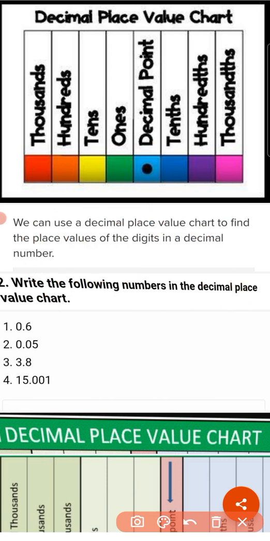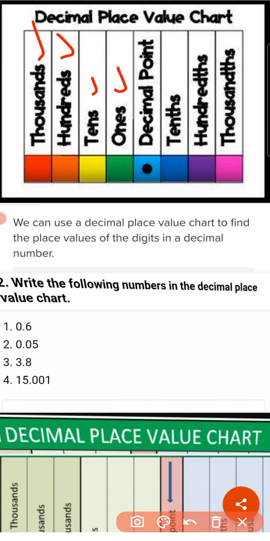You already learned about the places of a whole number. Which are the places? Ones, tens, hundreds and thousands.